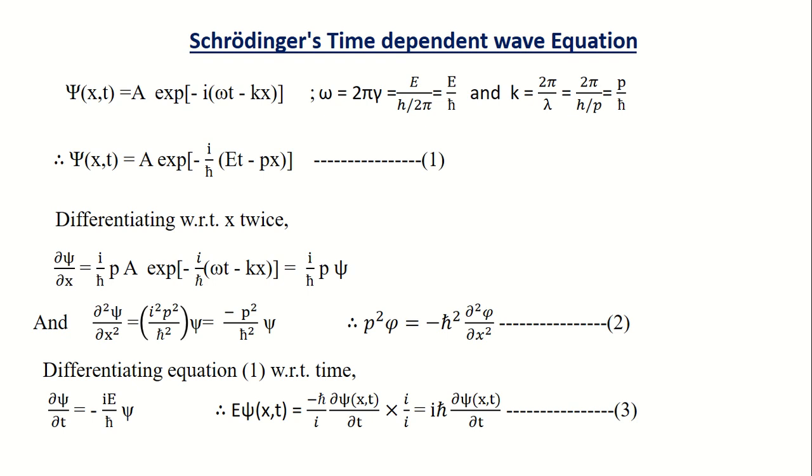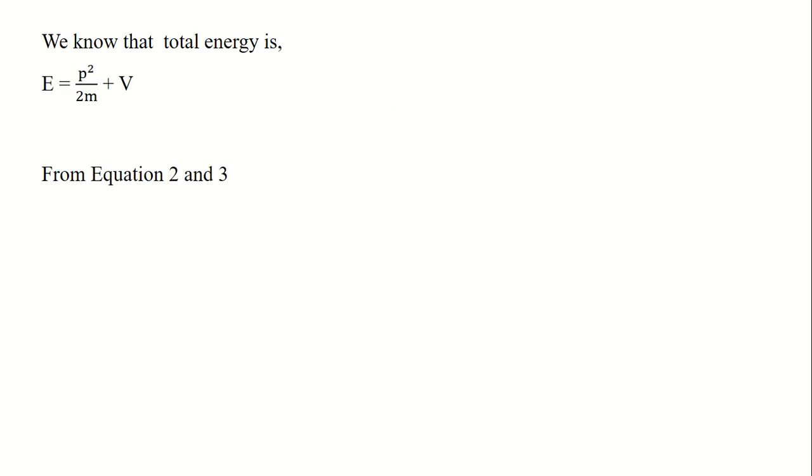And E is nothing but energy. We know that total energy is equal to kinetic energy, that is P square upon 2m, plus potential energy, that is V. Now this V is just a function of x, not t. And all these are operators. E is an operator, P square is an operator, V is also an operator. So multiplying by psi, we get E psi is equal to P square psi upon 2m plus V psi.